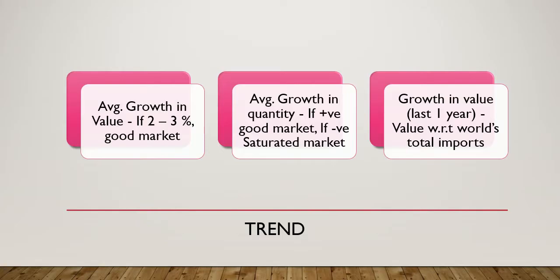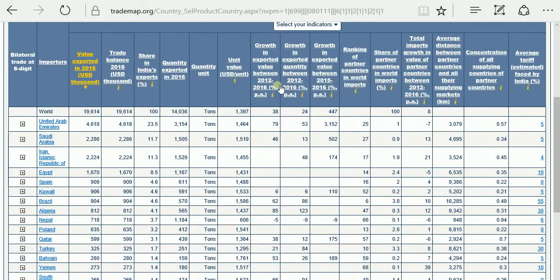Next one is trend. How are the exports of desiccated coconut, or a particular product, trending? For this, we are going to use three other columns: average growth in value, average growth in quantity, and growth in value for the last 1 year. Let's get over to the trade map. How are the exports of desiccated coconut performing, or what is the trend? Let's consider the importing countries.